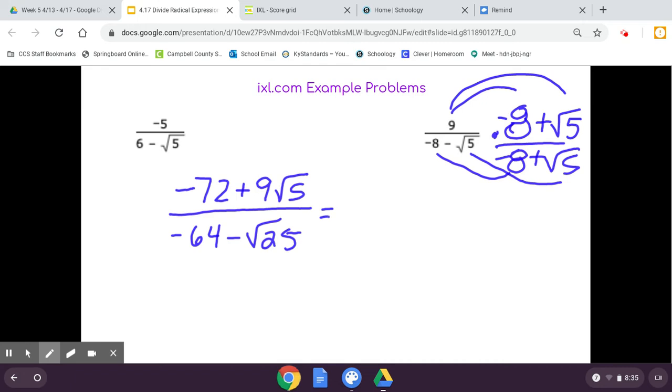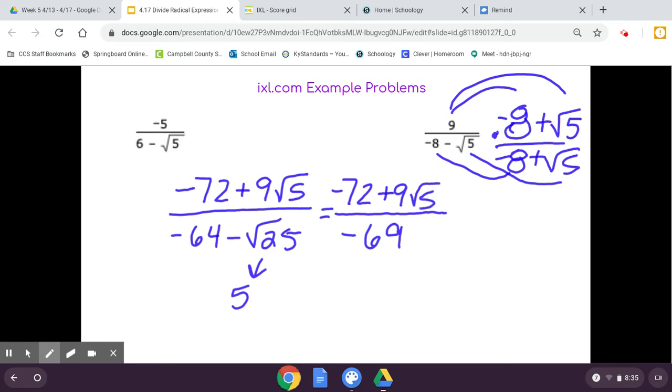All right, so let's continue on here. So negative 64 minus the square root of 25. Remember, that's a 5. So that gives us negative 69 over negative 72 plus 9 square root of 5.